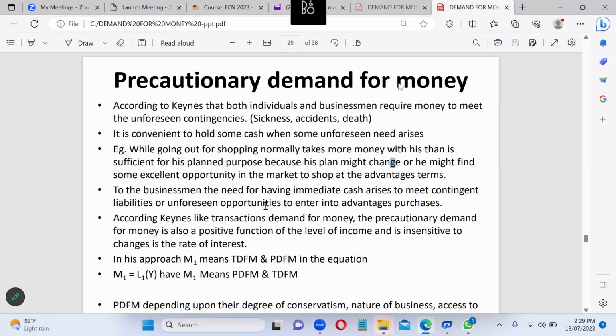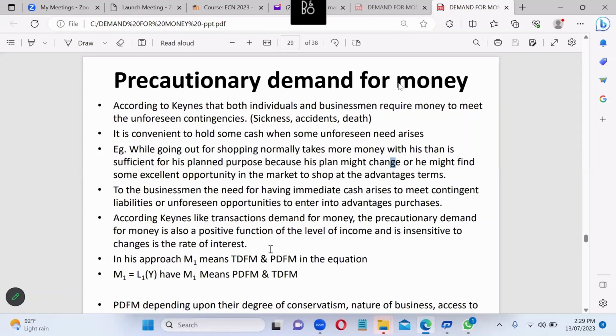According to Keynes, like transaction demand for money, the precautionary demand for money is also a positive function of income. Once our income increases, the holding also increases.